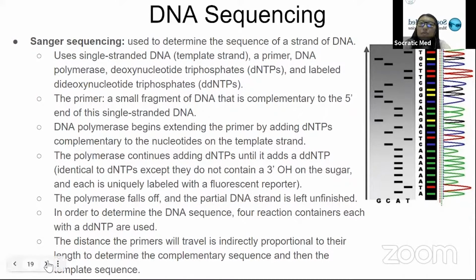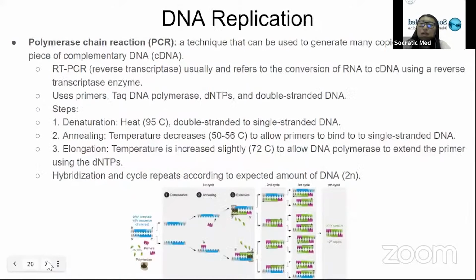Then another very important concept is PCR, or the polymerase chain reaction, for DNA replication. It's a technique that can be used to generate many copies of an identical piece of complementary DNA, also known as cDNA.